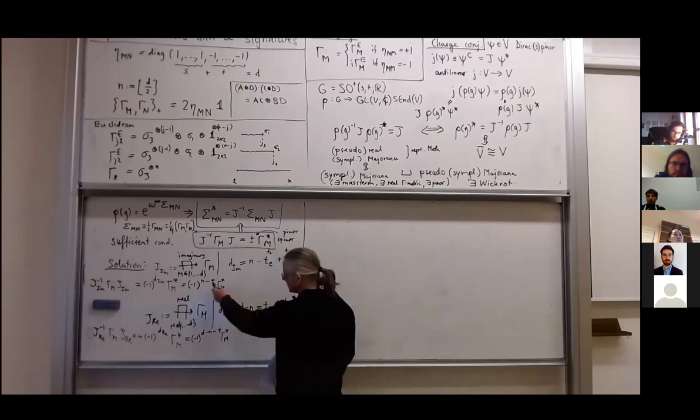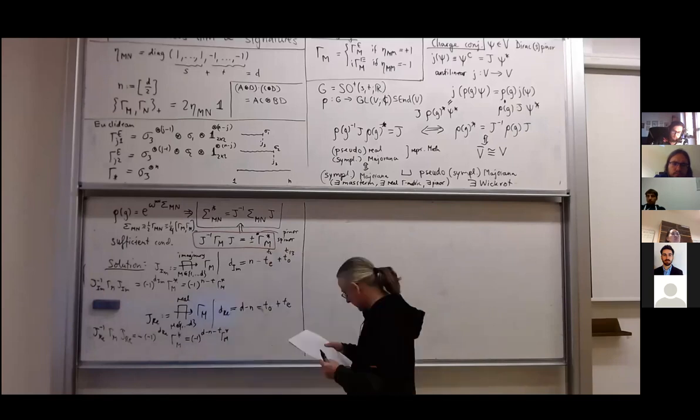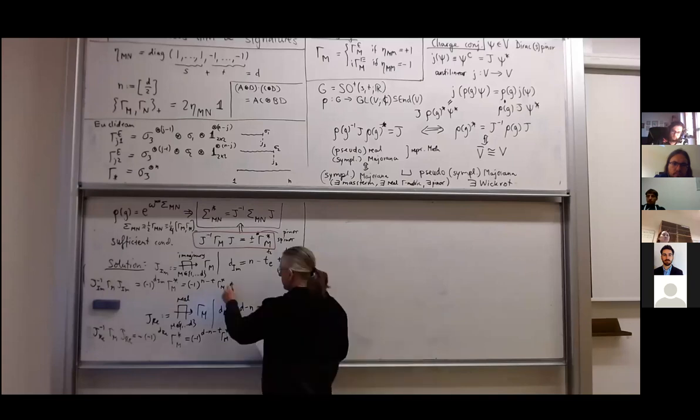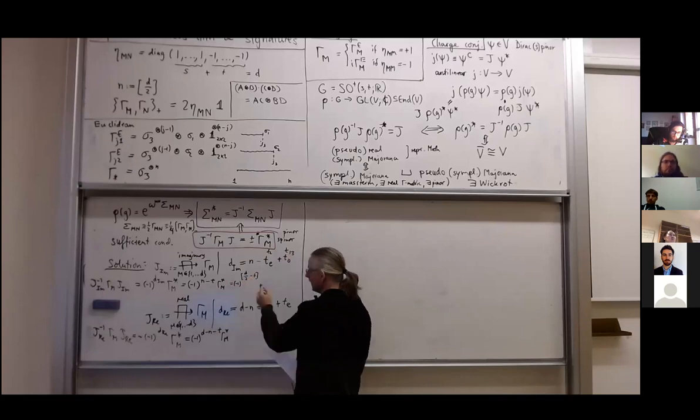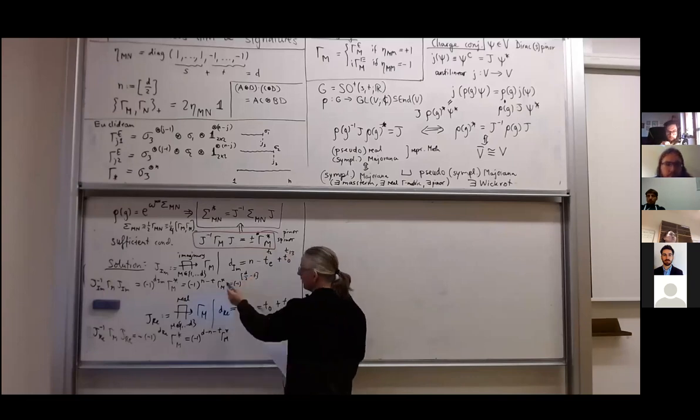It just depends on the total number of time directions. The next thing we can do is that this is the same as minus 1 to the d half minus an integer t. So n is the integer part of d half. So I can for free write it like this, gamma star m.